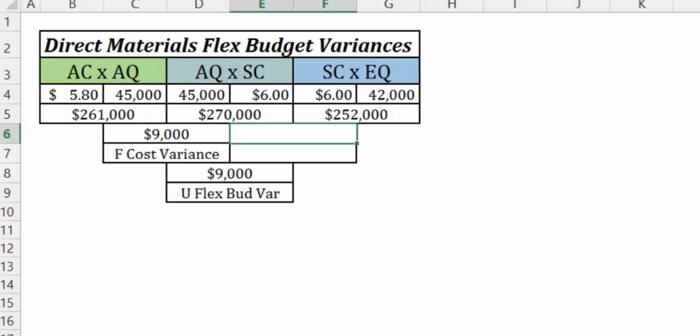Let's move on to the right side of this equation. If I take the difference between the third budget and the flex budget, I get $18,000. Now notice here we're holding the cost constant at the standard cost, and we're varying the quantity between actual quantity and expected quantity. So what is this variance called?